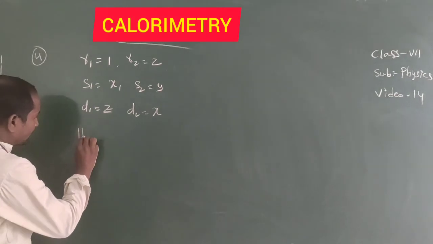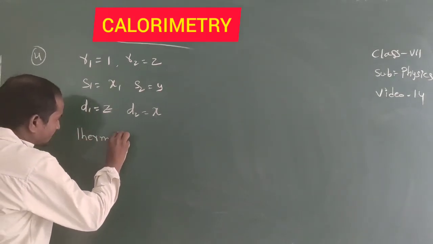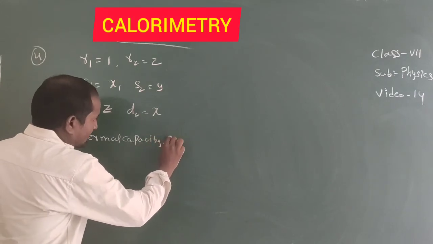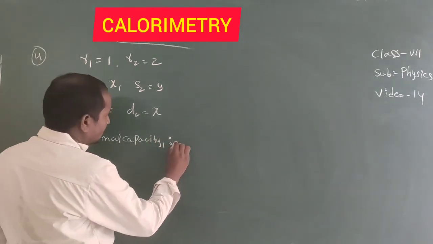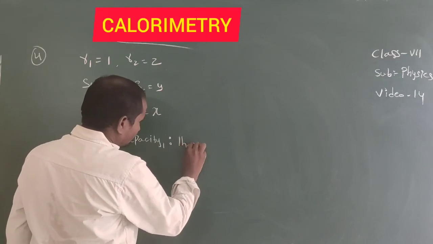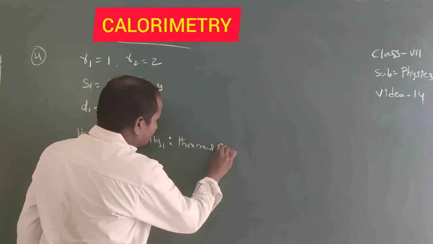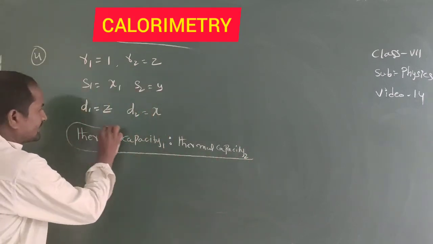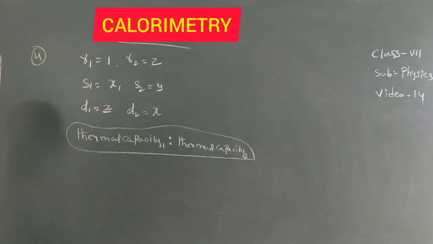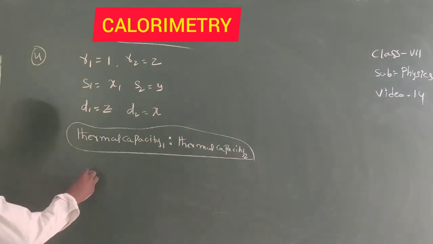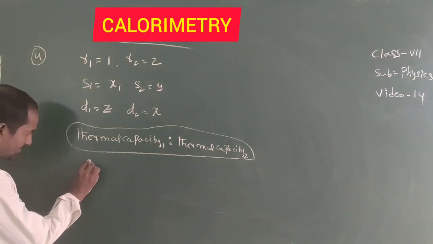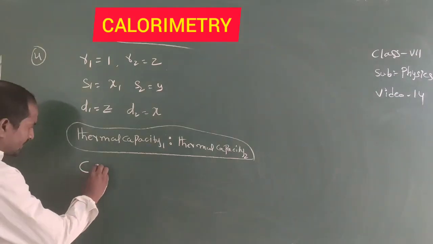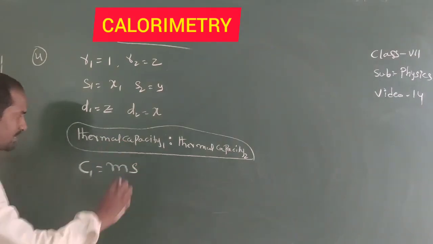The ratio between thermal capacity 1 to thermal capacity 2. It is our aim to find the thermal capacity. So here thermal capacity we can write here C. Thermal capacity C1 equal to the product of mass into specific capacity.